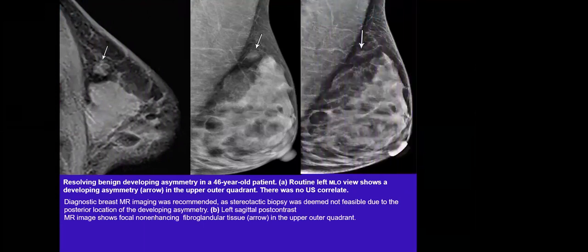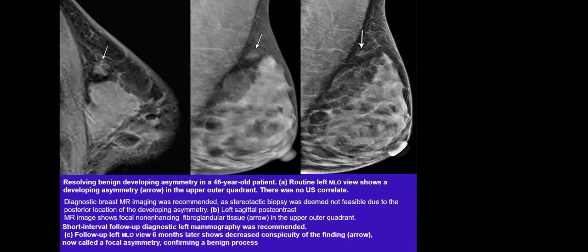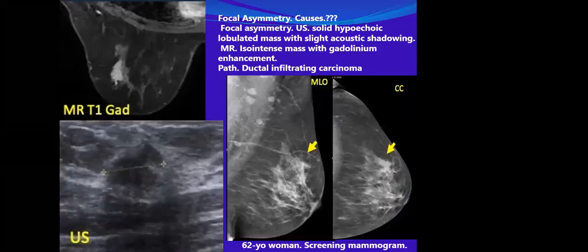We just followed the lesion by mammography and it revealed regression of that area, an island of breast tissue, in a short-term follow-up MLO, 6 months follow-up, I mean. So it confirmed just a benign process.